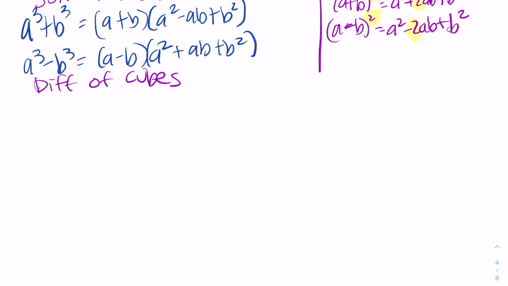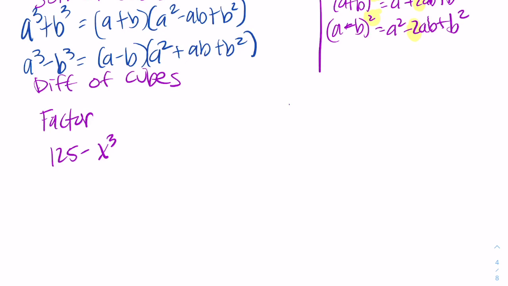So now what you want to do is be able to factor. If I give you an example, 125 minus x cubed. Now you may or may not be very familiar with your cubes. So what you want to think is, is 125 a perfect cube?